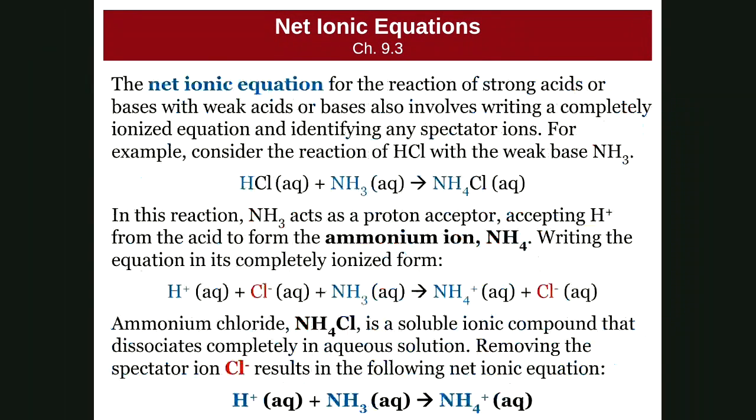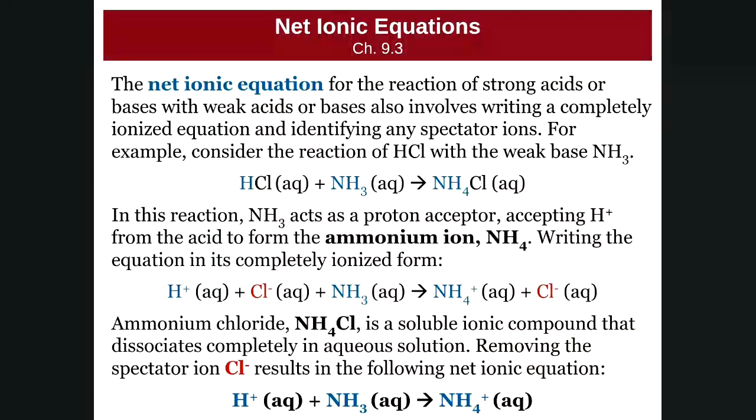The net ionic equation for the reaction of strong acids or bases with weak acids or bases is different. It also involves writing a completely ionized equation and identifying any spectator ions.